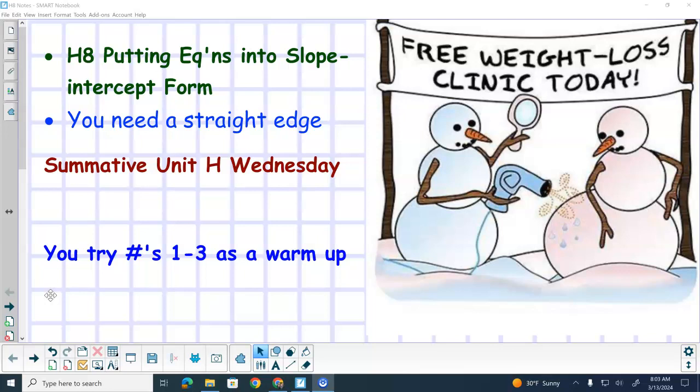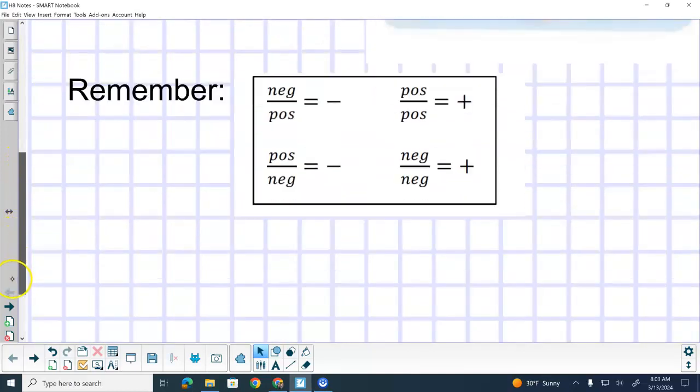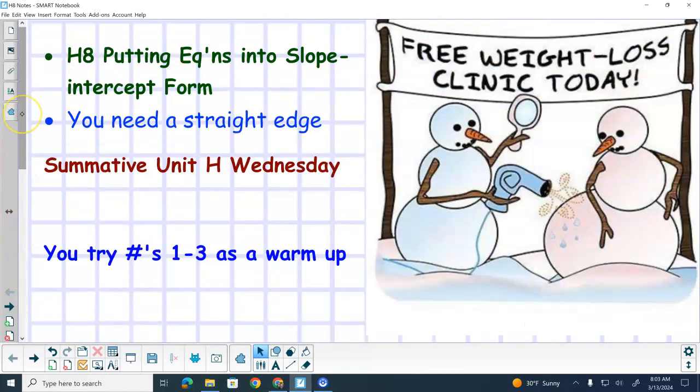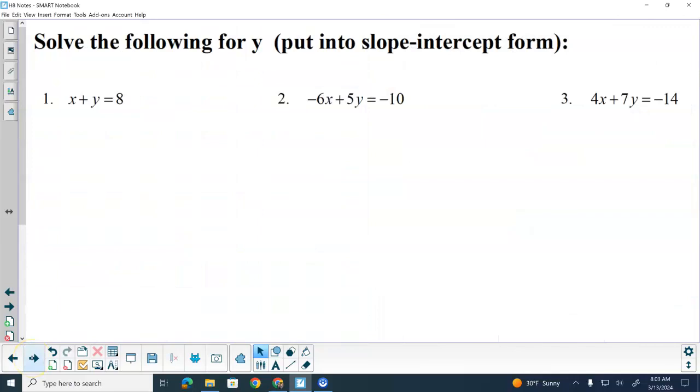In your notes, you should have 1, 2, and 3. Looks like we are solving those for y. Please solve those for y. Quick spot check.